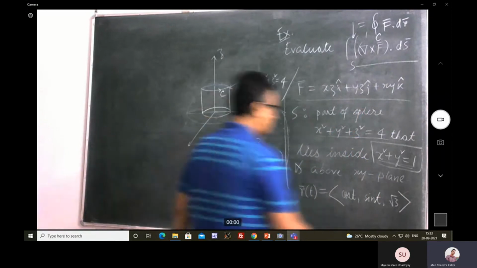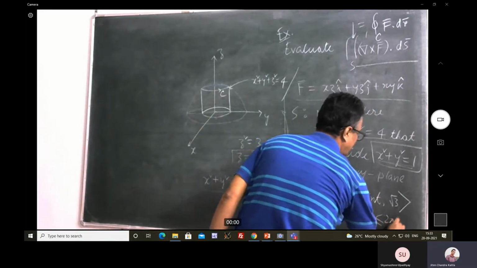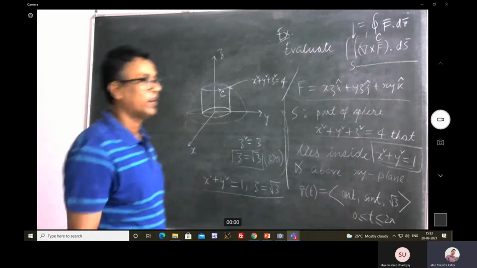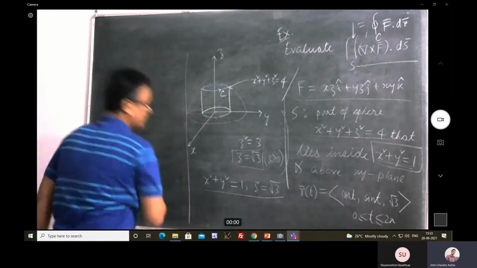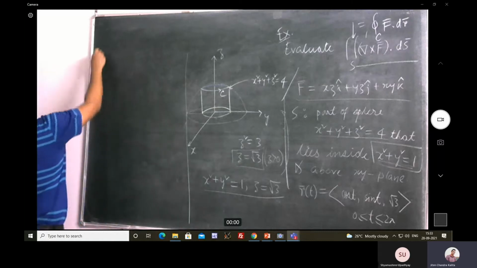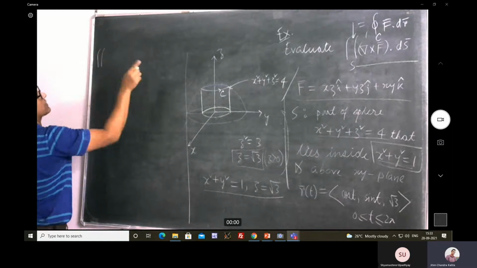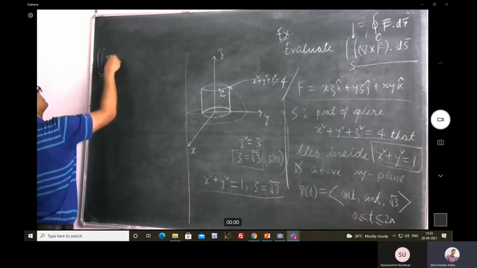Is it okay? And of course, t lies between 0 and 2 pi. Now that means if I want to find out this double integral, that means this surface integral.